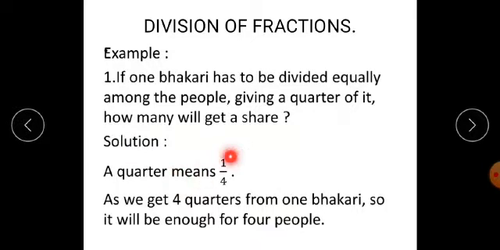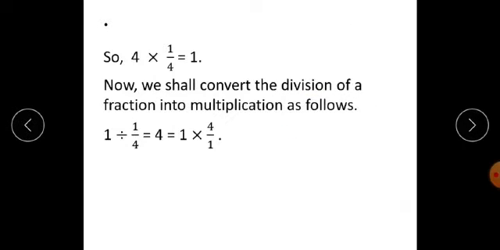Solution: a quarter means 1 upon 4. As we get 4 quarters from one bhakri, it will be enough for 4 people. So we can write this as 4 into 1 upon 4; 4 ones are 4, which is equal to 1.